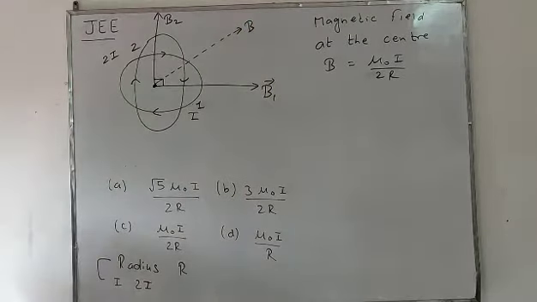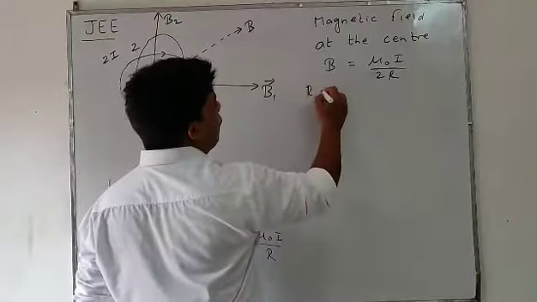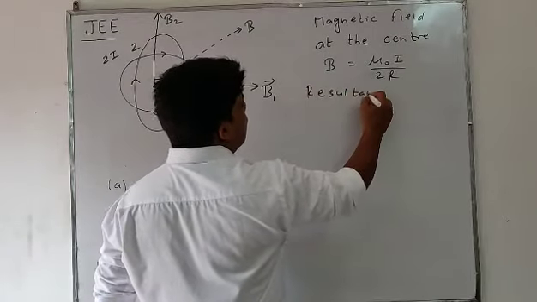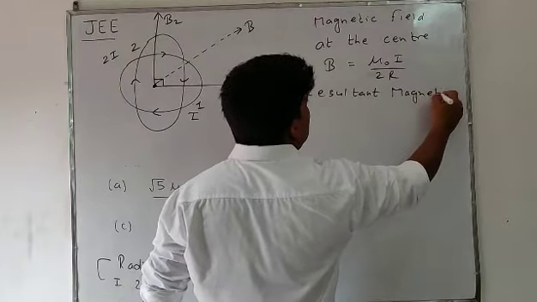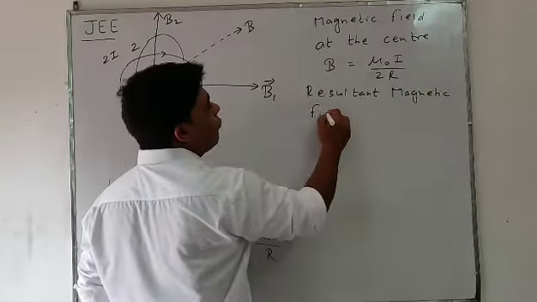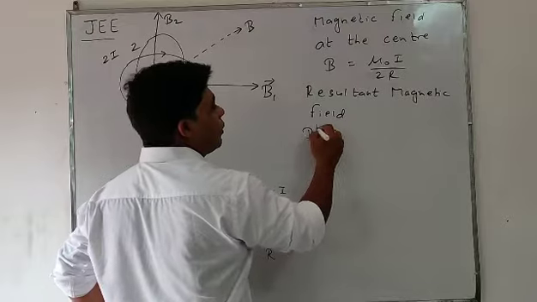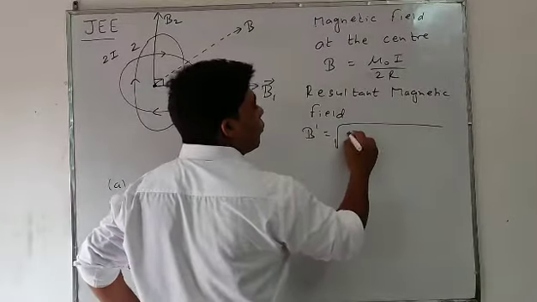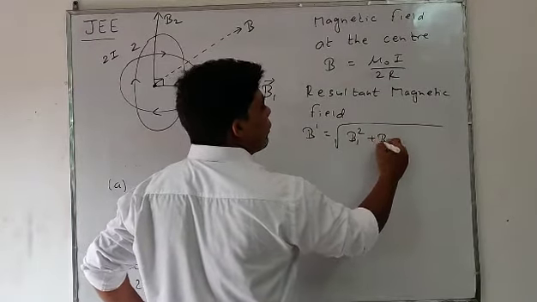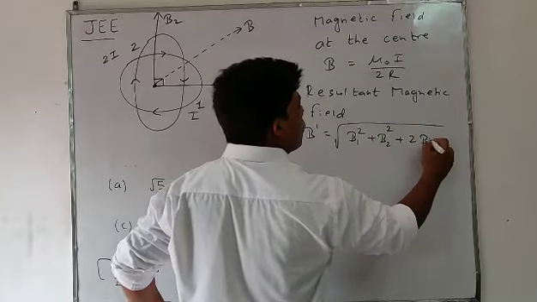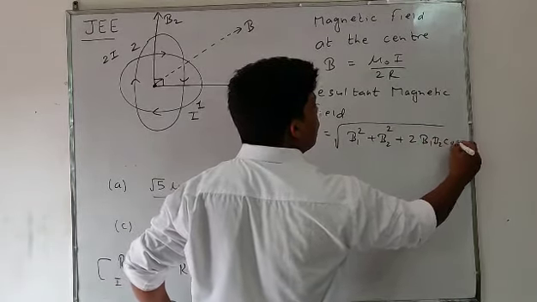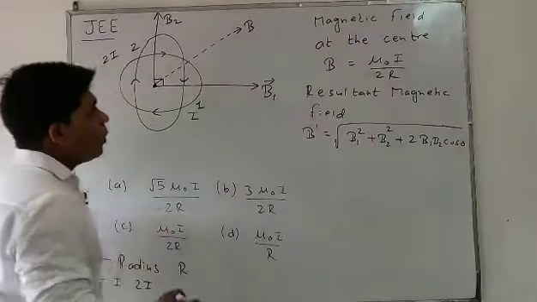So what will be the resultant magnetic field? That will be root of B1 square plus B2 square plus 2 B1 B2 cos theta.